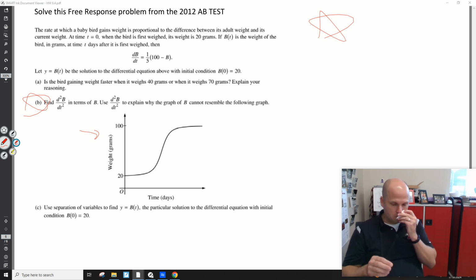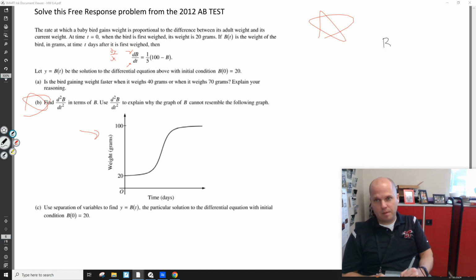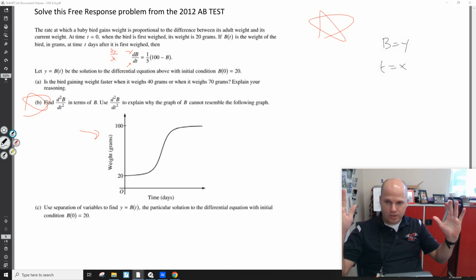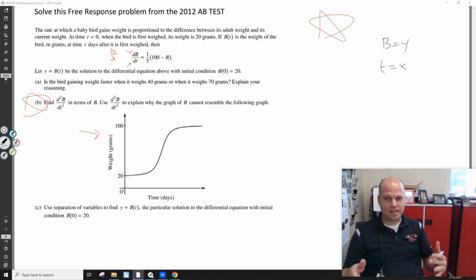Now, what I told you in class is, sometimes if you're not comfortable with different variables, which we really aren't yet, understand that B can represent Y and T can represent X. Let B equal Y, let T equal X, just put that somewhere and rewrite the entire equations with Y's and X's.